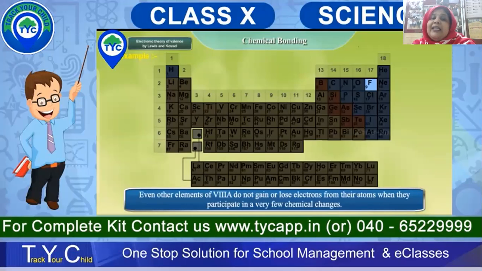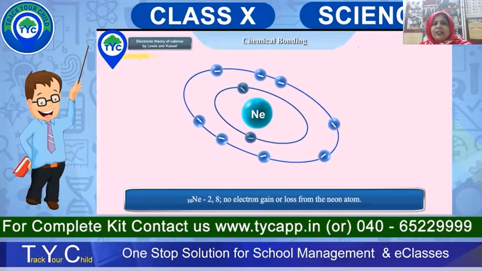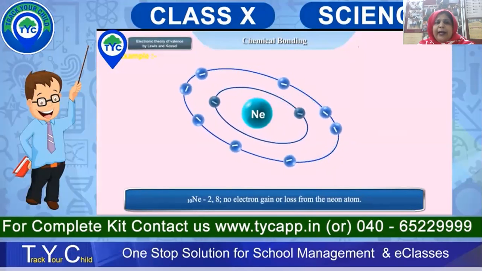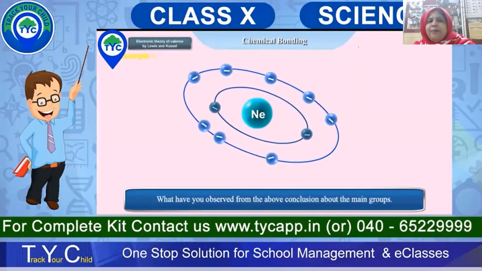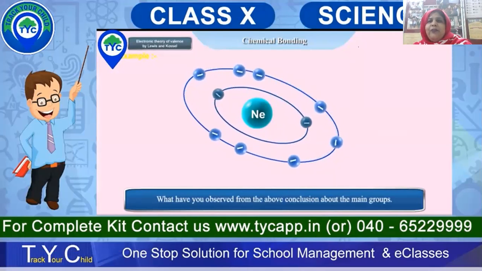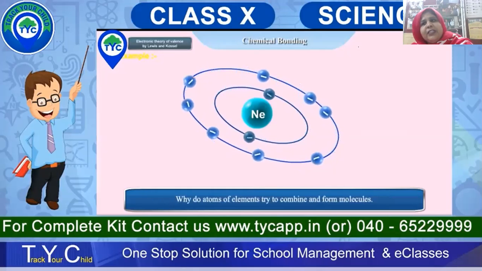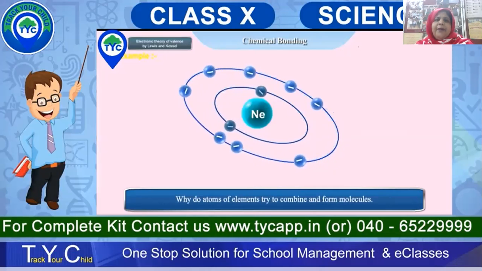They participate in very few chemical changes, only on rare instances when required. Like if you look at neon, no electron gain or loss takes place. It is stable in itself. That's the reason you won't find any charge on it, neither positively charged nor negatively charged, because they are stable.